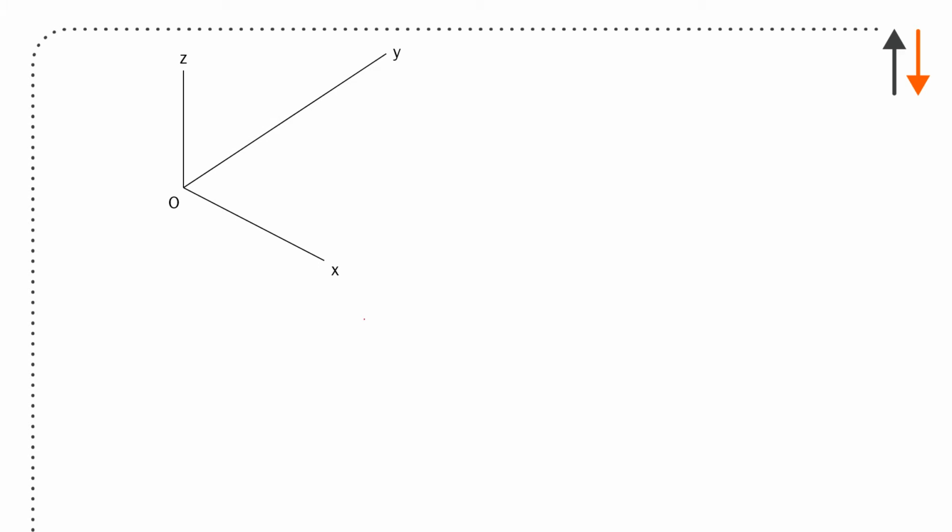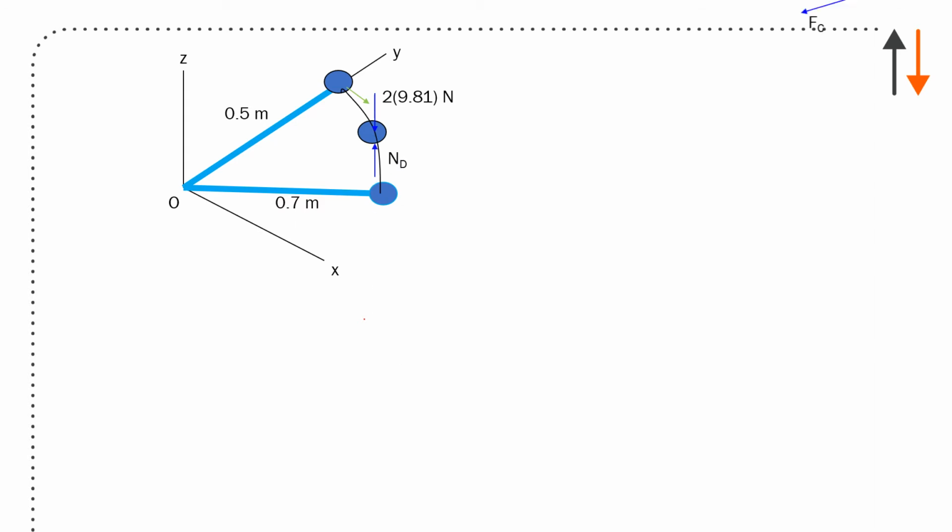So, coordinate system. You have the mass, and it travels along some curve at 0.5 meters and 0.7 meters. So if I do all of the force on the cord pulling inward, I have weight acting downwards, I have the normal on the disc.